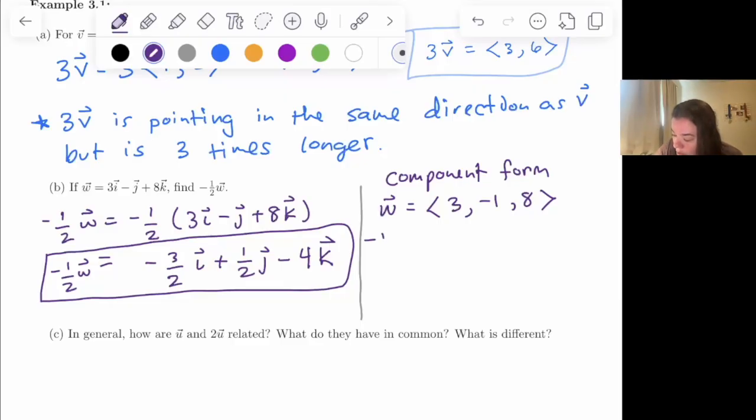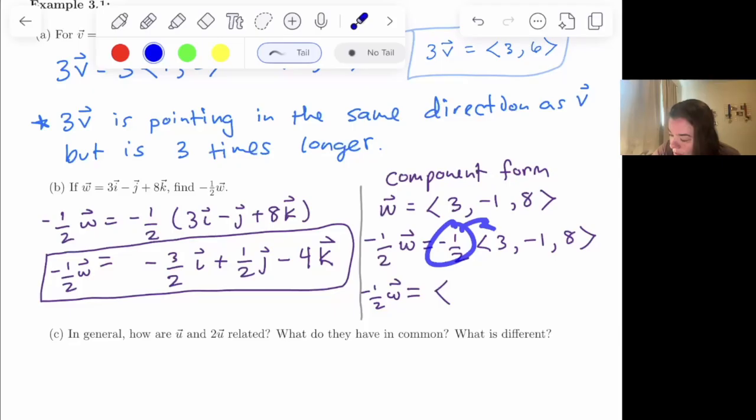And then let's say I wanted to do the scalar -1/2 times w in this form. This would result in, just filling in the nuts and bolts, remember, just take this -1/2 and distribute it through.